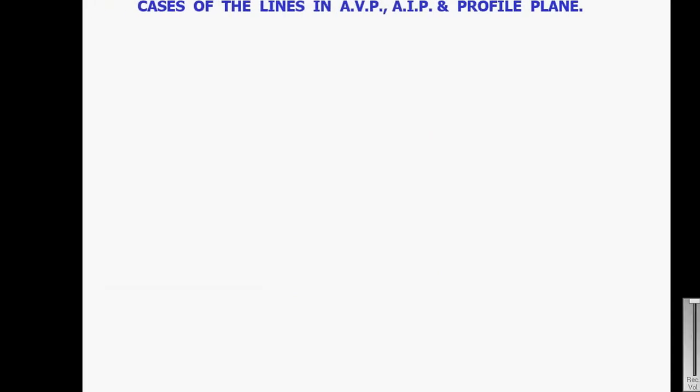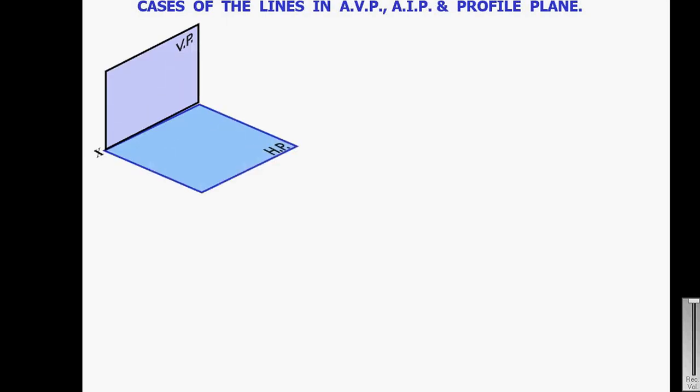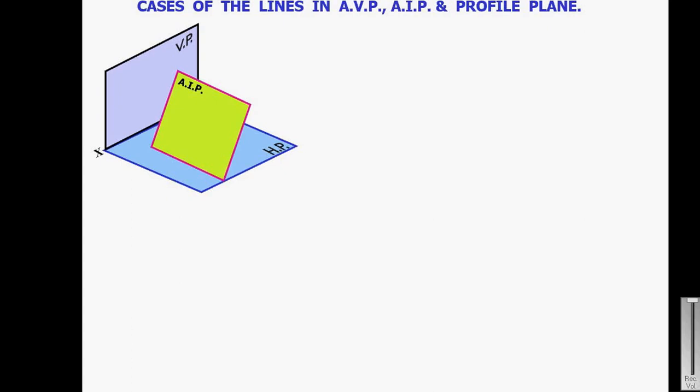The next case is the lines in the auxiliary vertical plane, auxiliary inclined plane, and profile plane. This is the horizontal plane and vertical plane. An auxiliary inclined plane is a plane which is perpendicular to the vertical plane and inclined to the horizontal plane at the angle alpha, so you can see that angle alpha. So this plane is inclined at an angle of alpha degrees to the HP.